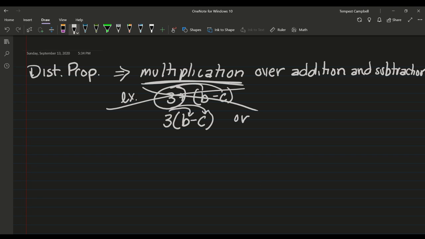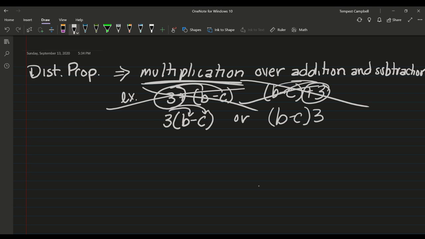Or another option would be, say we had B minus C plus 3. We're not distributing this over this. Don't do that. We would have B minus C times 3 here, and then we can distribute it, okay? So it's multiplication over addition and subtraction. That's your basic definition. So let's do a couple examples.